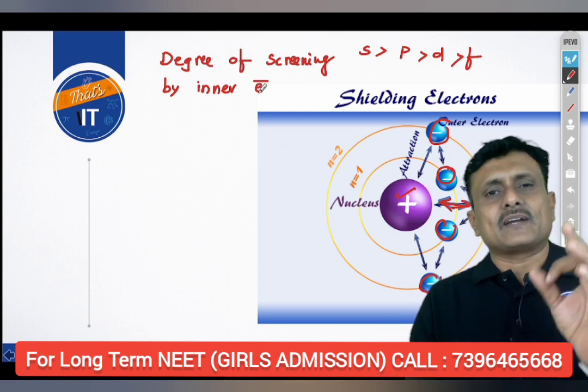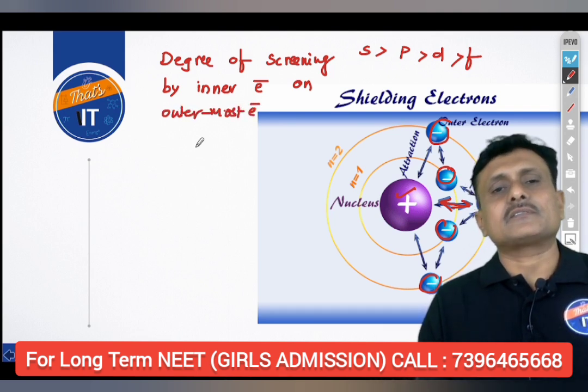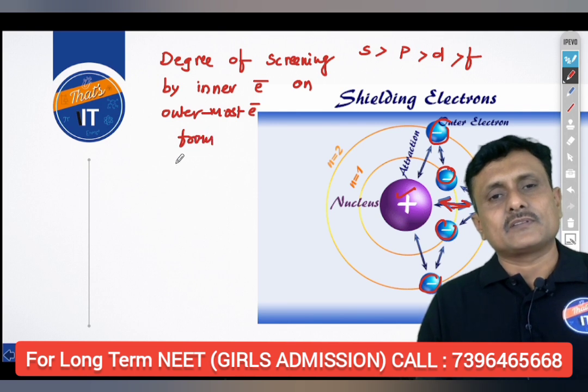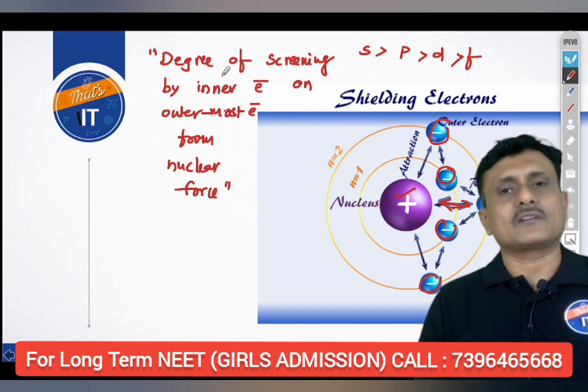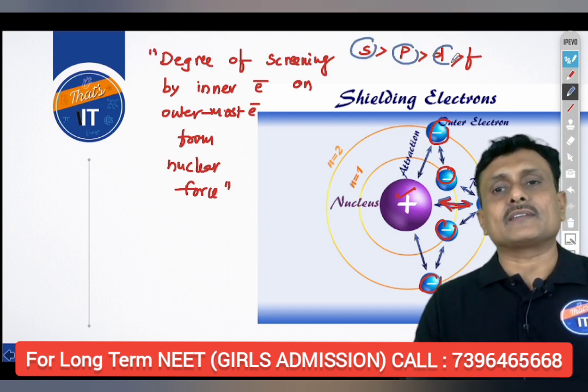Degree of screening by the electrons on outermost electrons from the nuclear force is what you refer as the shielding or screening effect, which is said to be higher for the s orbital than the other orbitals.